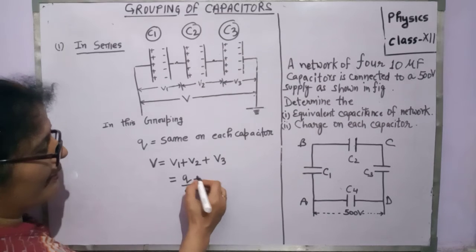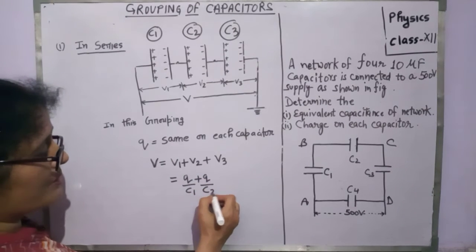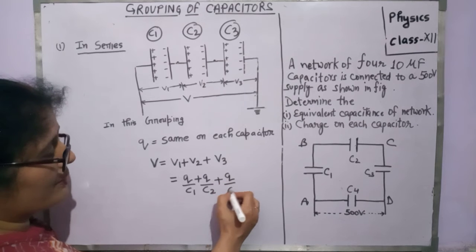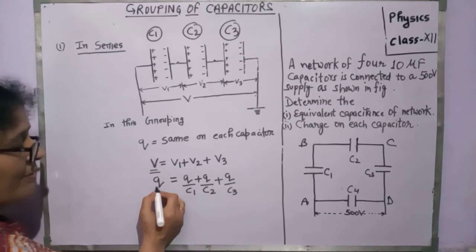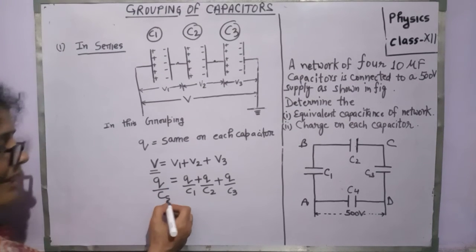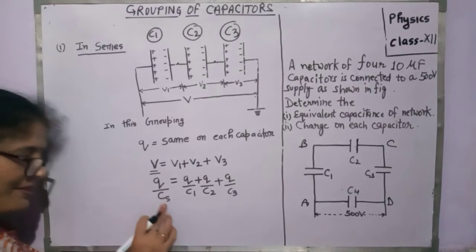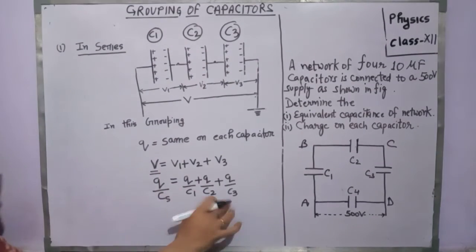And because Q is the same on each capacitor, Q upon C2 plus Q upon C3. And what is this one? It can be written as the resultant, that is the same Q and CS, the equivalent capacitance when the three capacitors are connected in series.